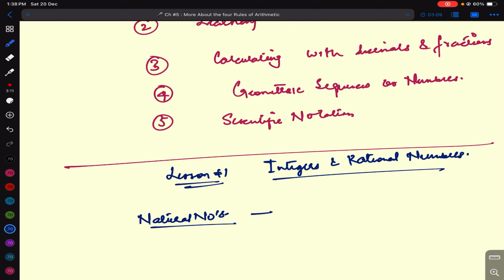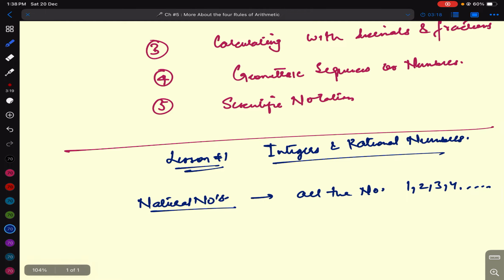Natural numbers are basically all the numbers starting from 1. So 1, 2, 3, 4, like that. They are the numbers which we usually count and they continue to infinity. So starting from 1 till infinity.